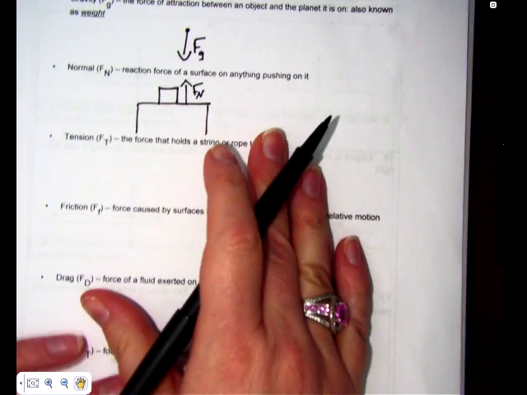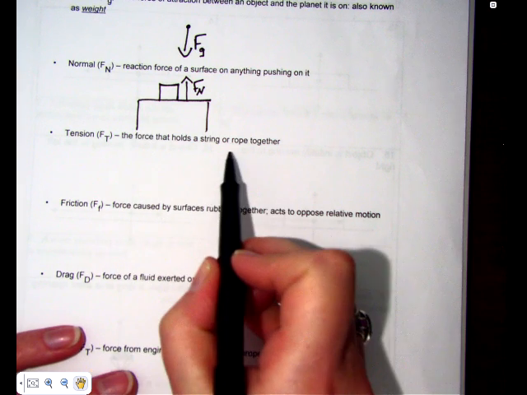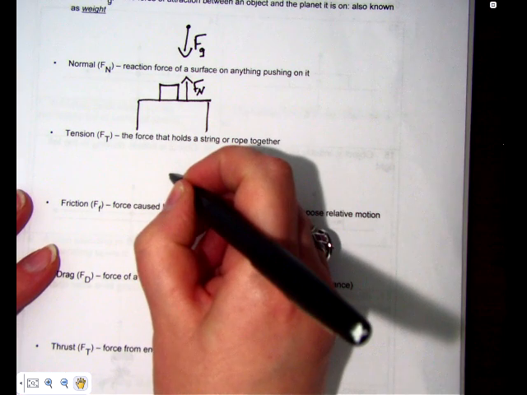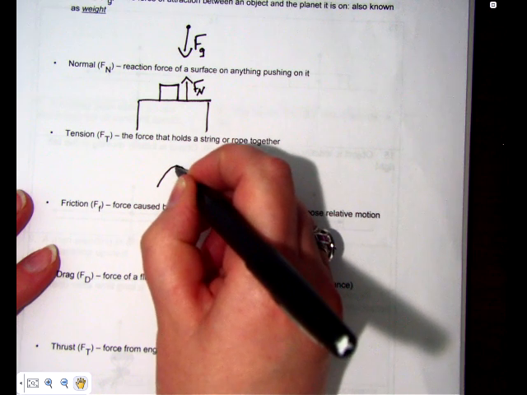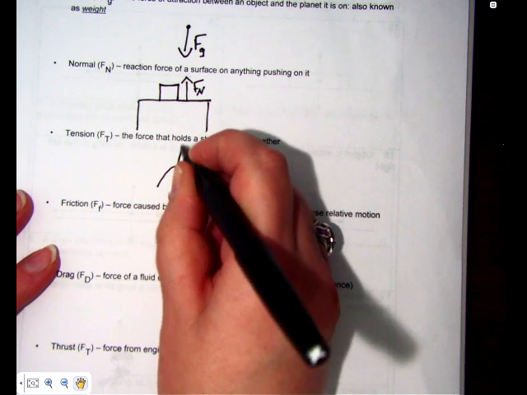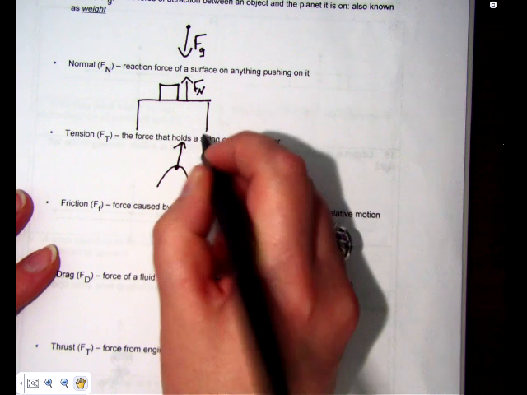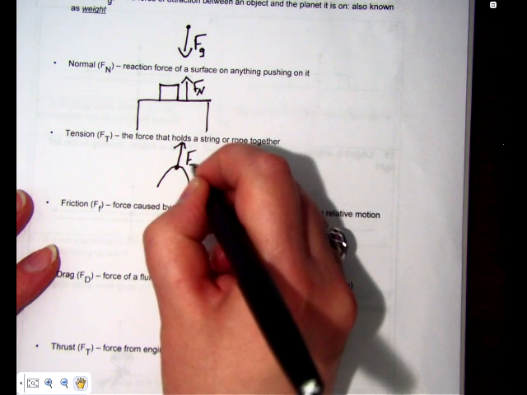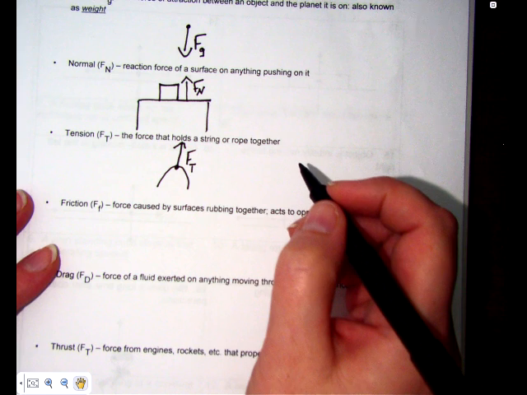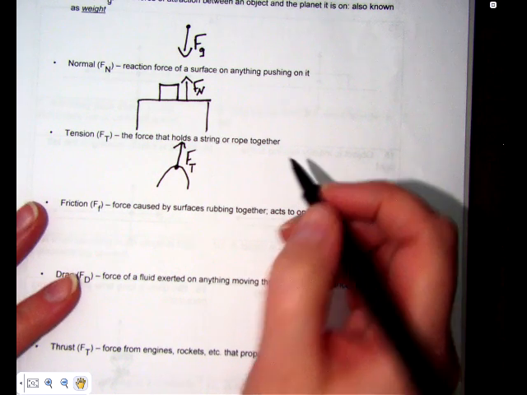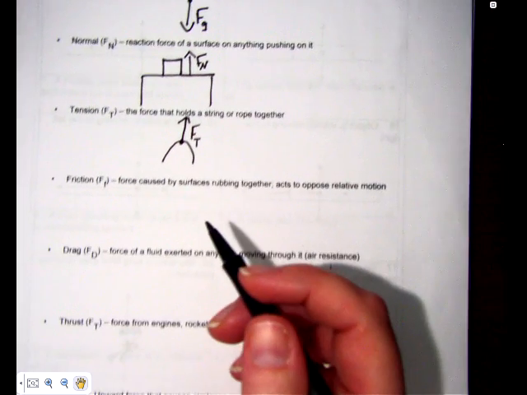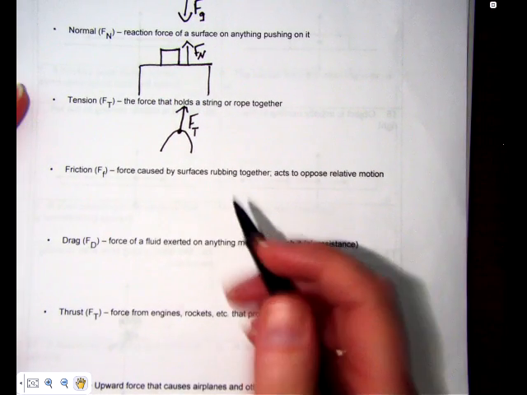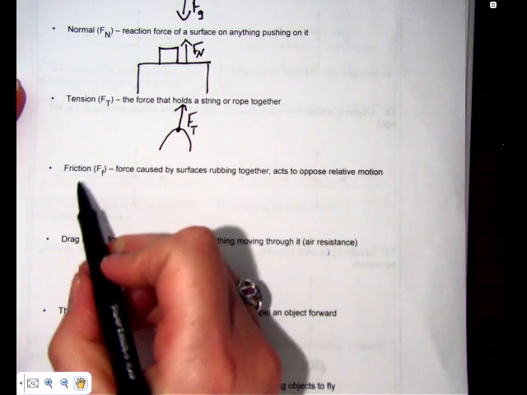Tension, or F sub capital T, is the force that holds a string or rope together. So if you have an object hanging by a rope or a string, that's what we call tension. Pulley, elevators, and those sorts of things are being pulled by cables.